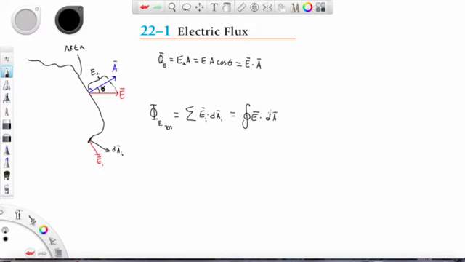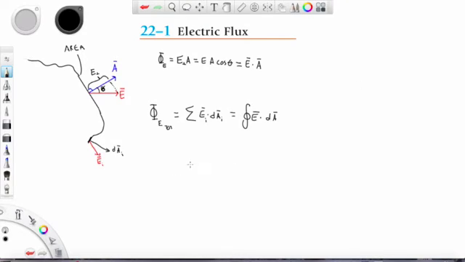And this is the actual mathematical formulation of electric flux. You can see that calculating this integral becomes tedious if the surface is very irregular. And in fact, we only bother calculating this when we have some kind of symmetry that makes our life easier.